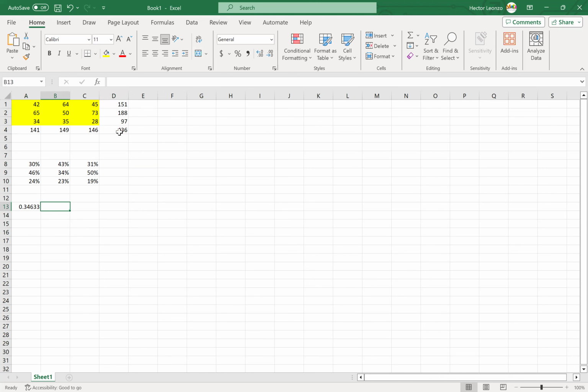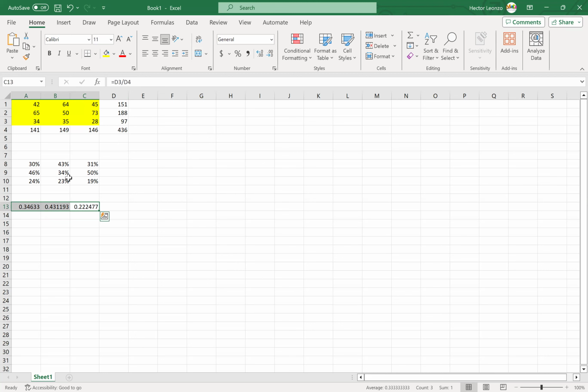I know I have to multiply by 100 and round it to the nearest whole number. Now here I'm going to go all of my A2s divided by my total. And lastly, all of my A3s divided by the whole total. Again, multiply each by 100, round it to the nearest whole number.